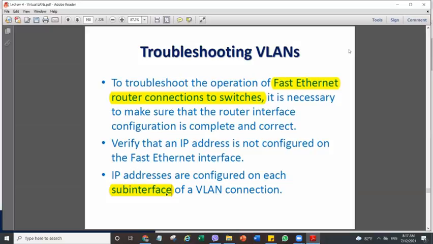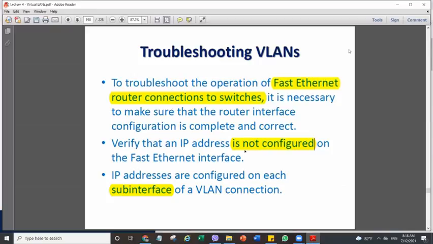If there are VLANs 10, 20, 30, the router interface is divided into 3 sub-interfaces. In that case, once we divide one interface into 3, the main interface is not configured with an IP address, because it is going to be divided.